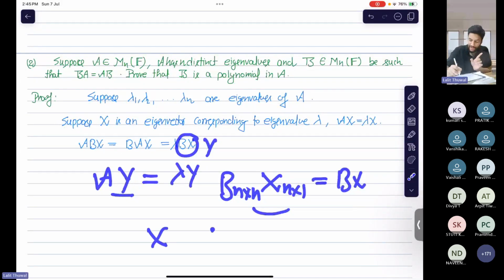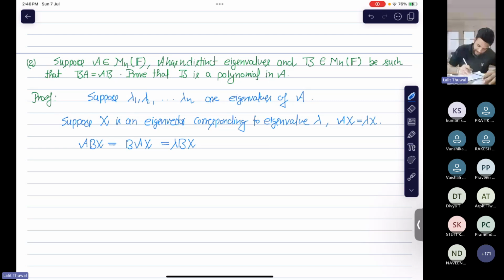If x is an eigenvector, then either Bx is 0 or Bx is an eigenvector corresponding to eigenvalue lambda.